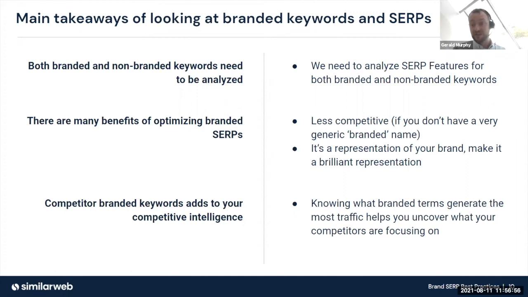First of all, it's less competitive. You're not going for a really super broad generic name. I think you mentioned there, Jason, that there are some branded names which are, strictly speaking, classified as a brand, but are actually more generic. Yeah, when you have a brand name that's actually a generic term, if you've called your company Yellow Door or Red Shoe, you've got a big problem in terms of your brand SERP.